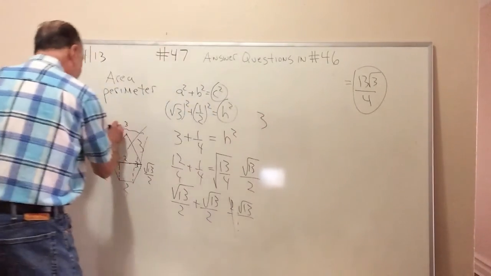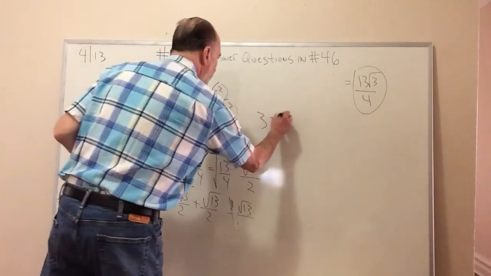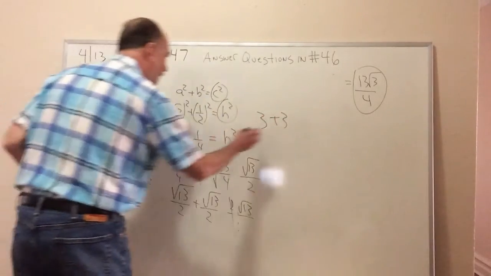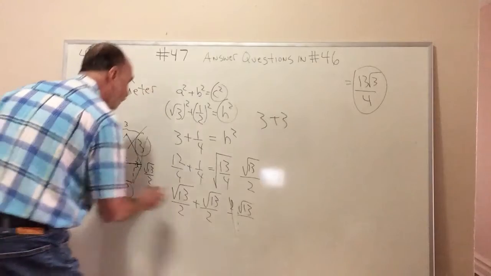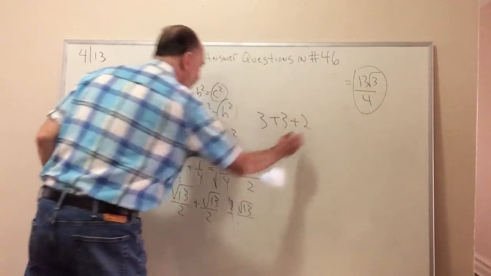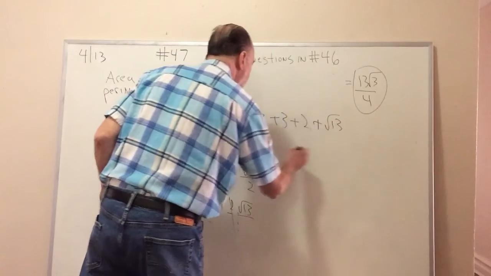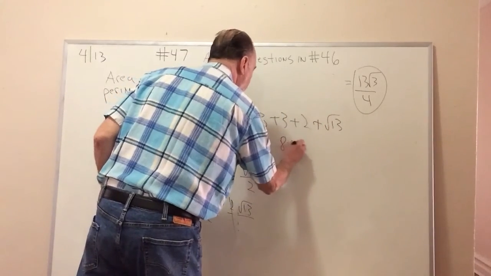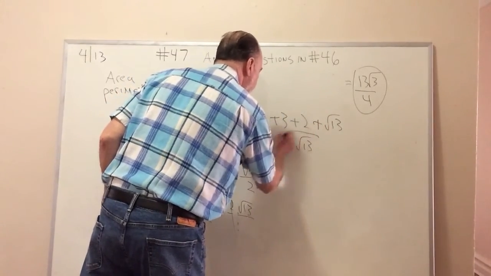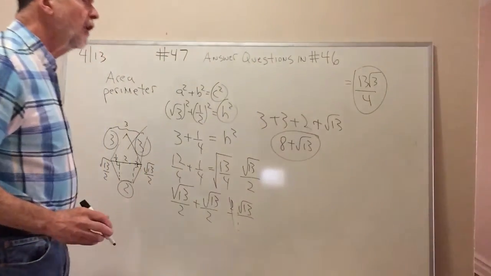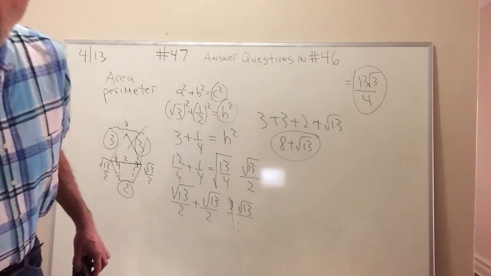So 3, that's this side, plus 3, that's this side, plus 2, that's the bottom side of the trapezoid, plus radical 13. And when we put everything together, we get a number, very common in math, 8 plus radical 13.